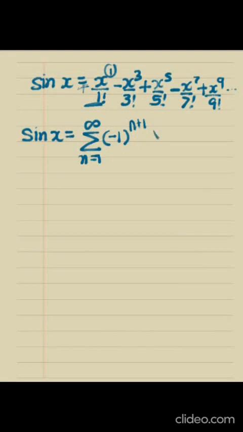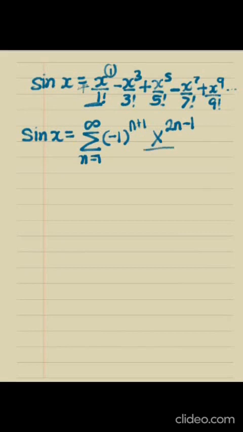So what this does is basically it takes care of the alternating positive and negative signs. Next we have x, of course, and we are going to raise it to 2n minus 1. Why 2n minus 1? Because 2n minus 1 will give you an odd number every time for each and every value of n. So this is perfect, right? Because we don't have a single even number here.